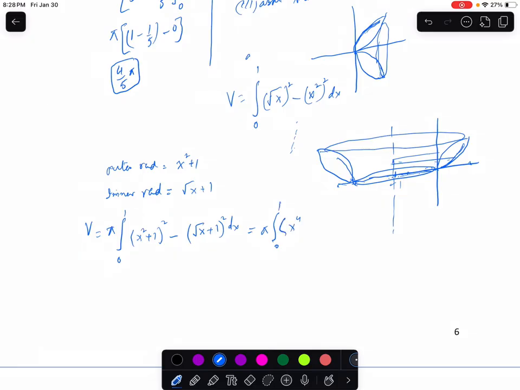X to the 4th plus 2x squared plus 1, minus x plus 2 into root x plus 1 dx is equal to... I think I got it wrong. Yeah, because we had to have that in terms of y.